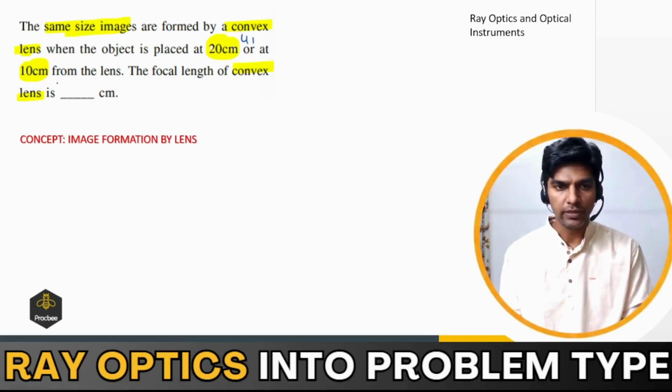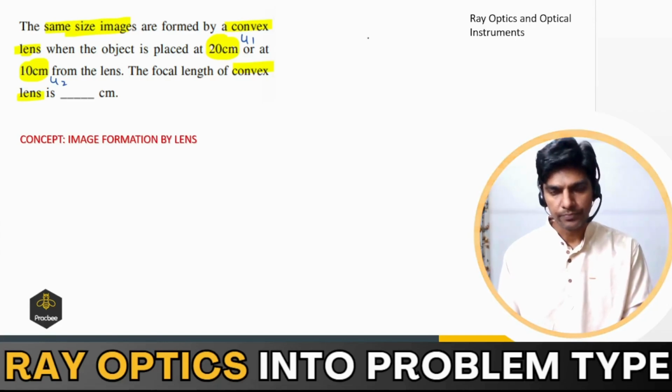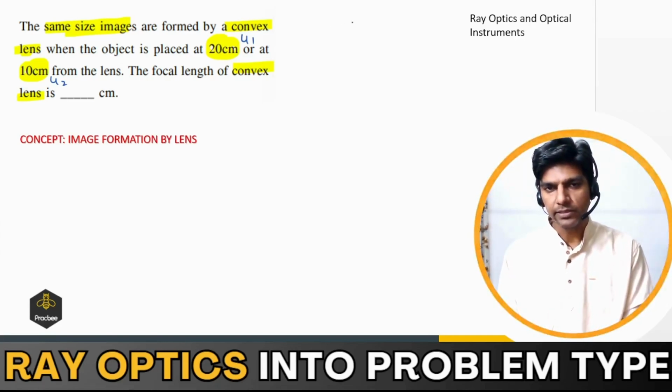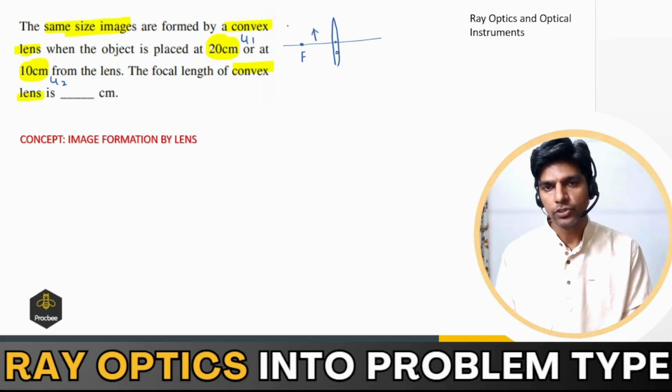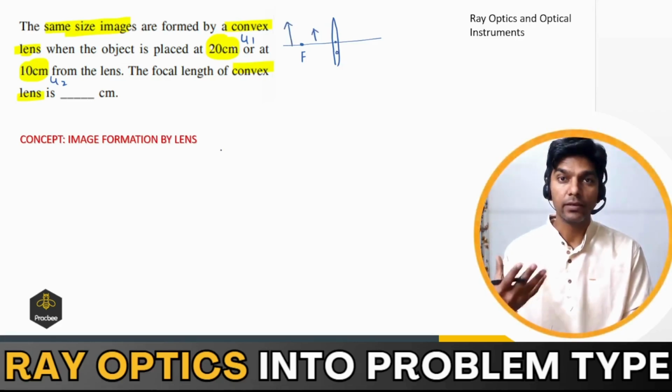Let us say this is u1 and this is u2, and we are getting the same size of the image. Now let us see when this can happen. So a convex lens is there. If you consider the object which is placed between the focus and the optical center, in that case we'll get a virtual and erect, magnified image.